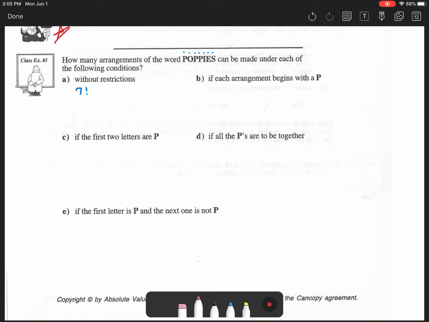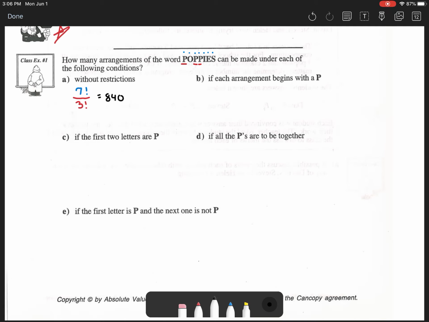But I also notice that there are 1, 2, 3 letter P's, so I have to divide by what's repeating, and that's 3 factorial. So there's your calculation: 7 factorial divided by 3 factorial, which is a total of 840.